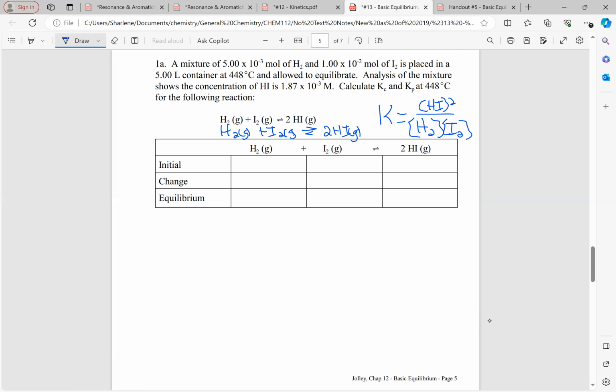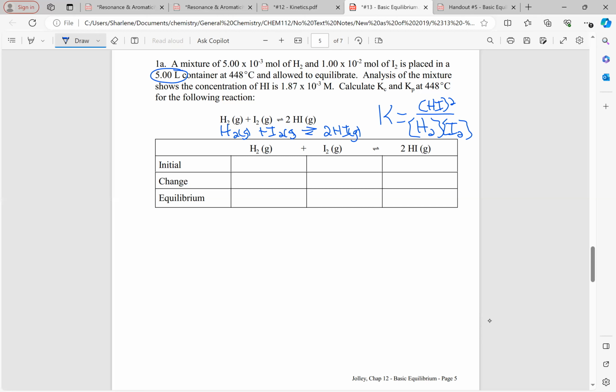A mixture of 5.00 times 10 to the minus 3 moles of H2. Now, the first thing I recognize is that is not a concentration. That is just the number of moles. So do I know the volume that all of these are going to be mixed in? They are all placed into a 5-liter container, and these are gases.